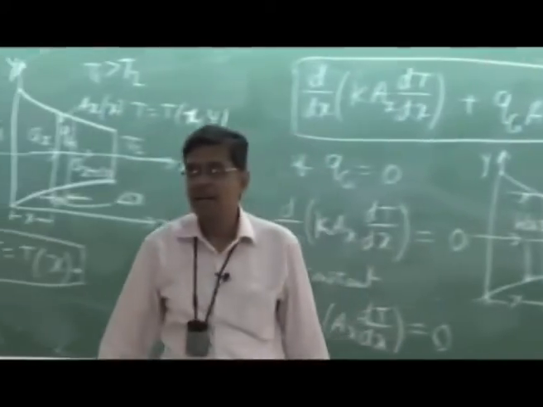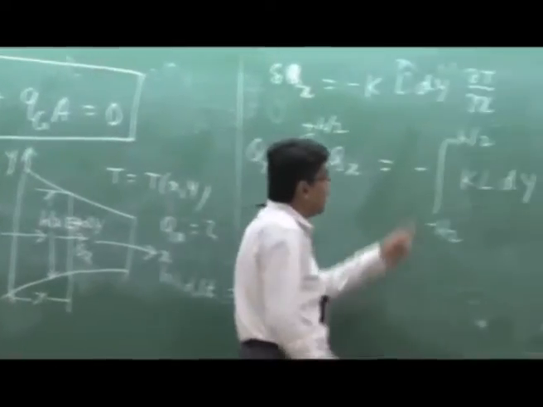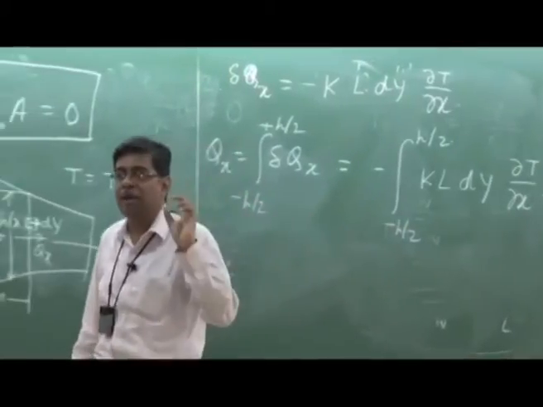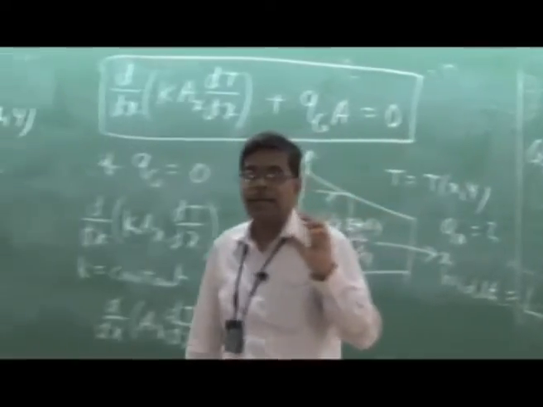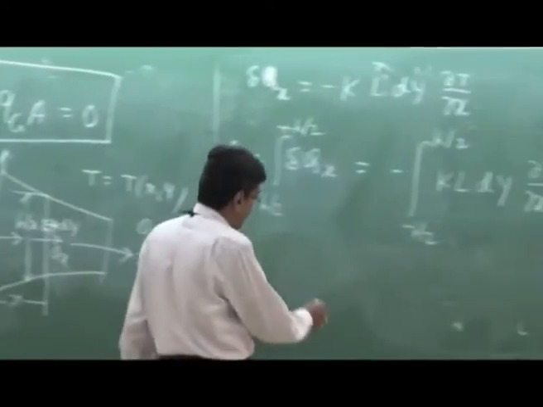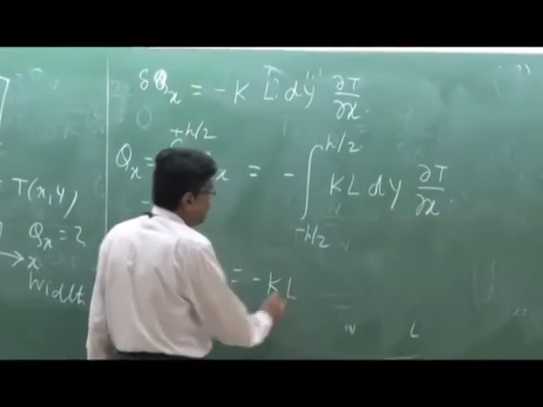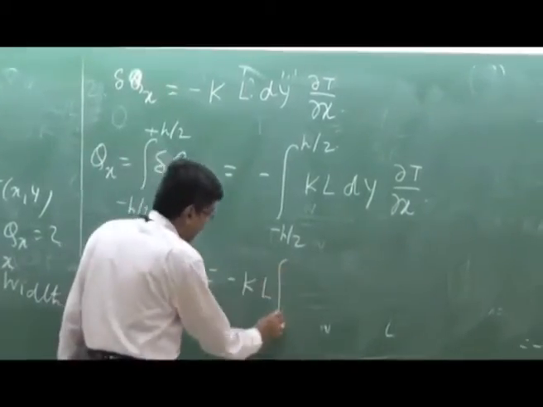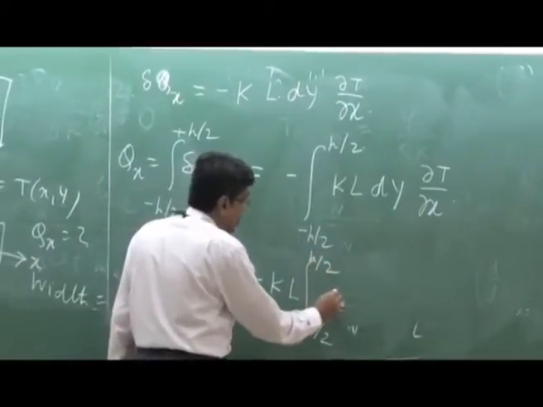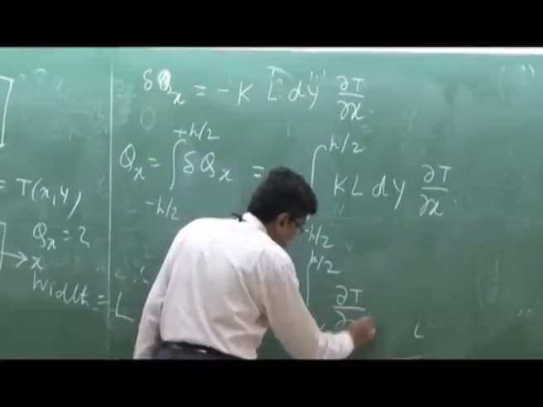Clear? L is the width in this direction. Now, if we consider K not to be a function of y, only T is a function of y. K may be a function of x, may not be. Rather, I take K out: minus K L, then integration from minus h by 2 to plus h by 2 of del T del x dy.